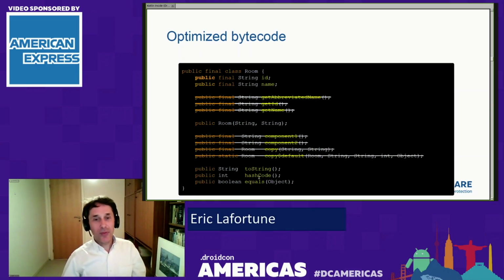So for instance, hash code, it's obvious that it's necessary if you add a room class to a hash set or a hash map, perhaps. But if you add it to an array list, for instance, and you print out the array list, the toString method might be used without that being very obvious from the code. So in general, and this is for most of these classes, it will be impossible to determine that these methods aren't used, in fact, and they will still be present after processing.